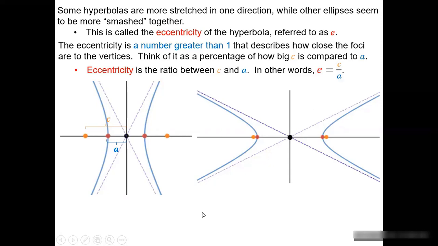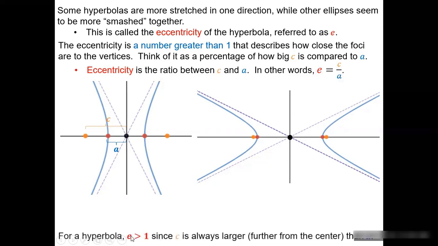So notice that in all hyperbolas the eccentricity is bigger than 1 because c is always outside of wherever the a value is, because it's inside of the curves. So since c is always larger, this fraction will always be bigger than 1.